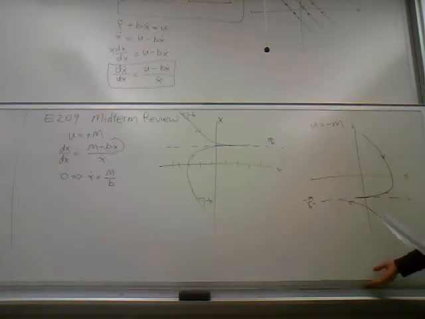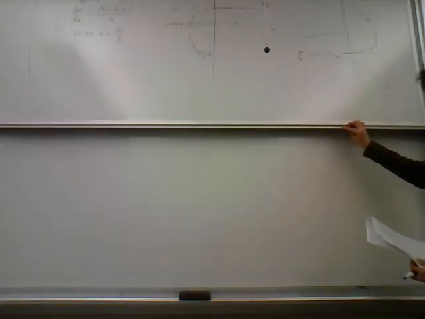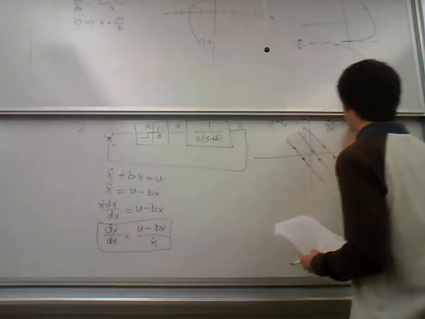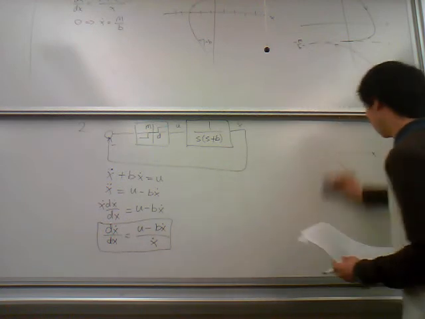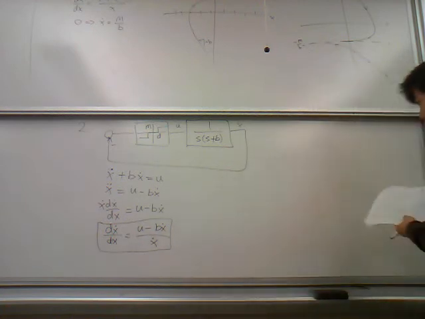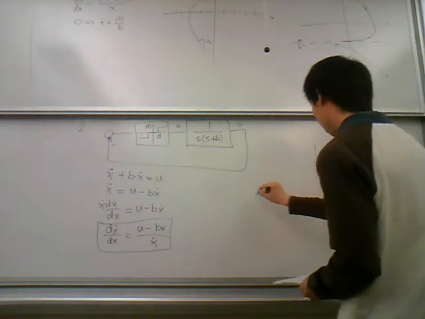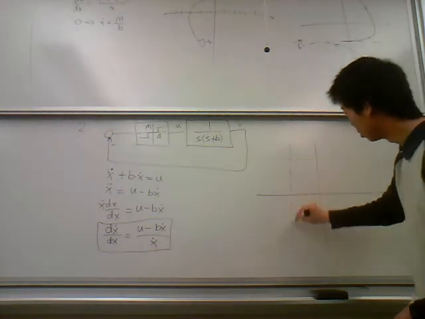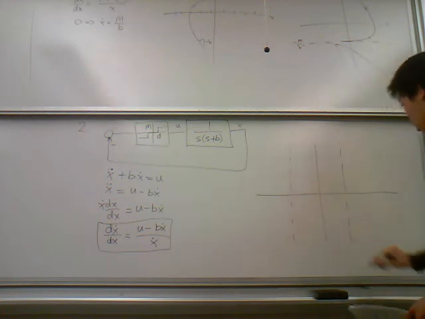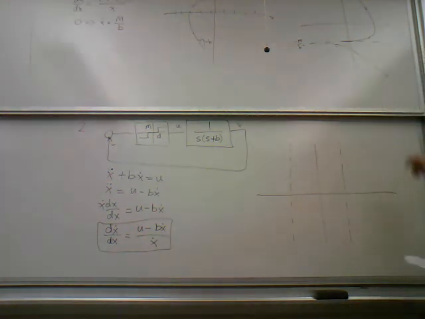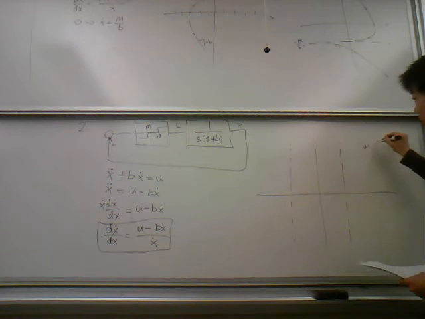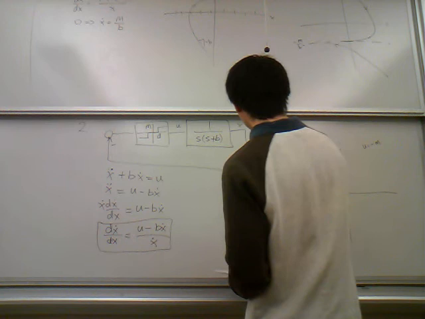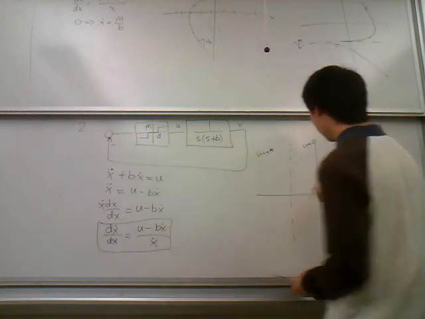So now let's put in the deadband. The deadband is going to separate our region into 3 sections. Here we have u equals negative m. Here we have u equals positive m, and u is 0.